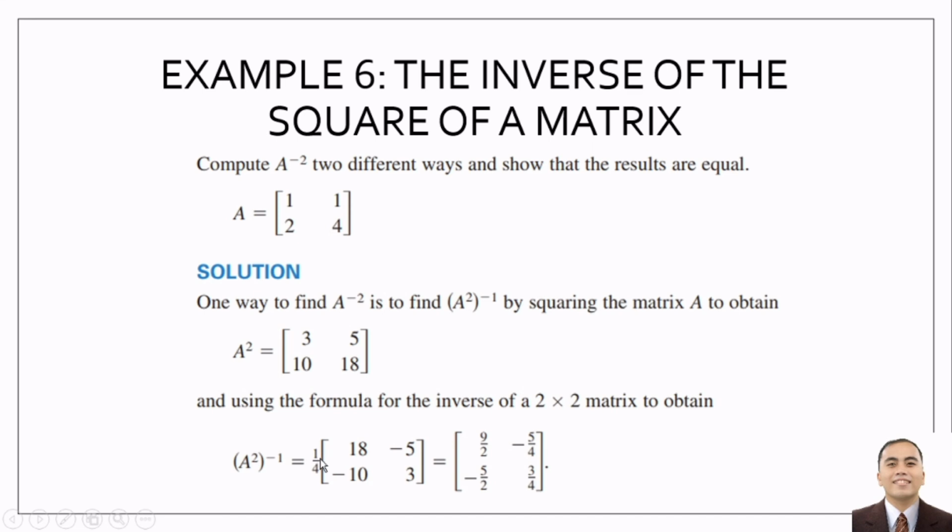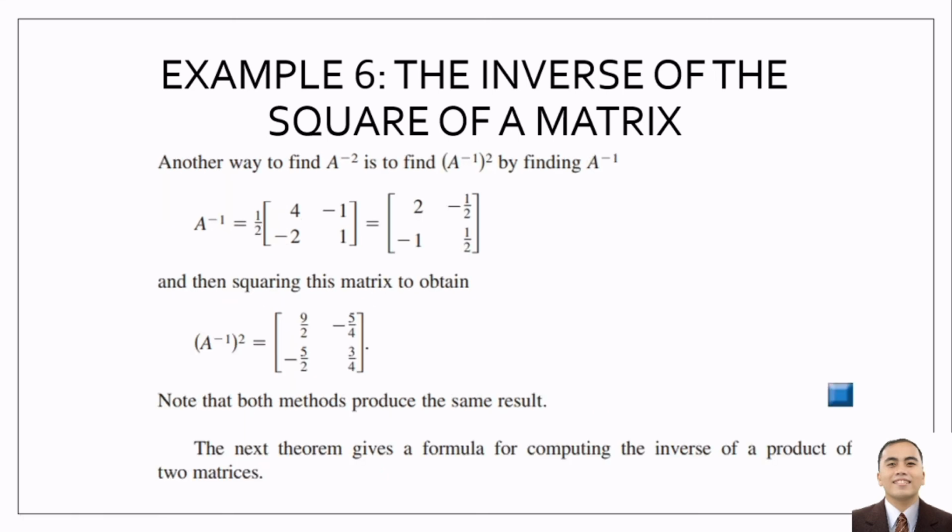So 1/4 times 18, that is 9 over 2. 1/4 times negative 5, that is negative 5 over 4. 1/4 times negative 10, that is negative 5 over 2. And 1/4 times 3, that is 3 over 4.